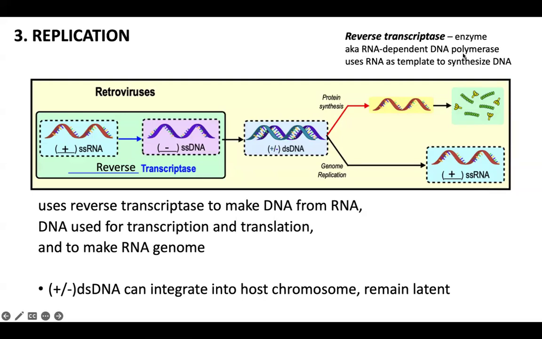This is RNA-dependent DNA polymerase. So it uses RNA as a template. It's dependent on the RNA as a template to synthesize DNA. And so here we have a positive single-strand RNA.